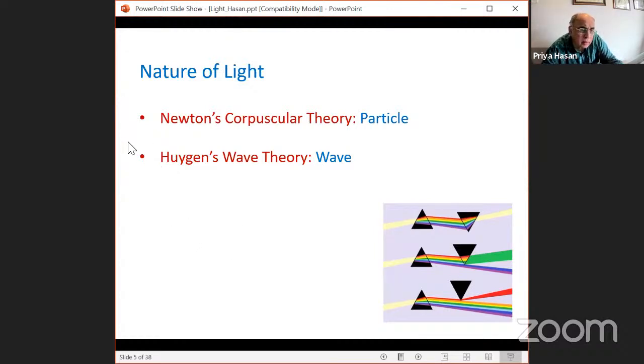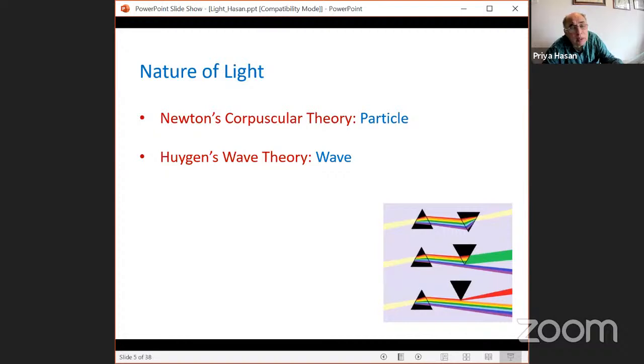Coming down to the basic nature of light, Newton, famous Newton, who spoke of gravity, who has done wonderful work in physics, laid the foundations of mechanics, which makes us understand why bodies move and what the basic laws are, which also explain why the solar system is held together and why planets go around the sun.